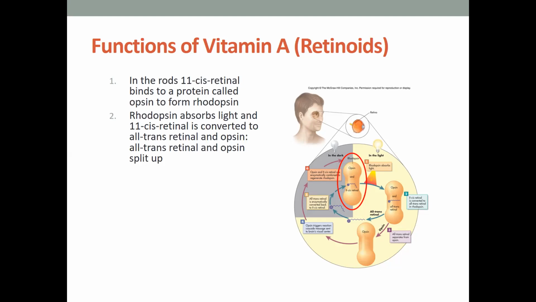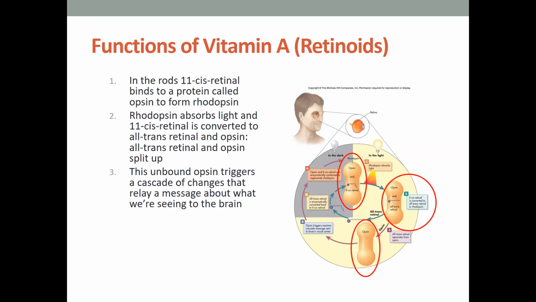This can absorb light, so that's step two. And we also now have this important form of vitamin A, 11-cis retinol, that gets converted again. And again, this is a little bit more detailed than I'm going to expect you to know.